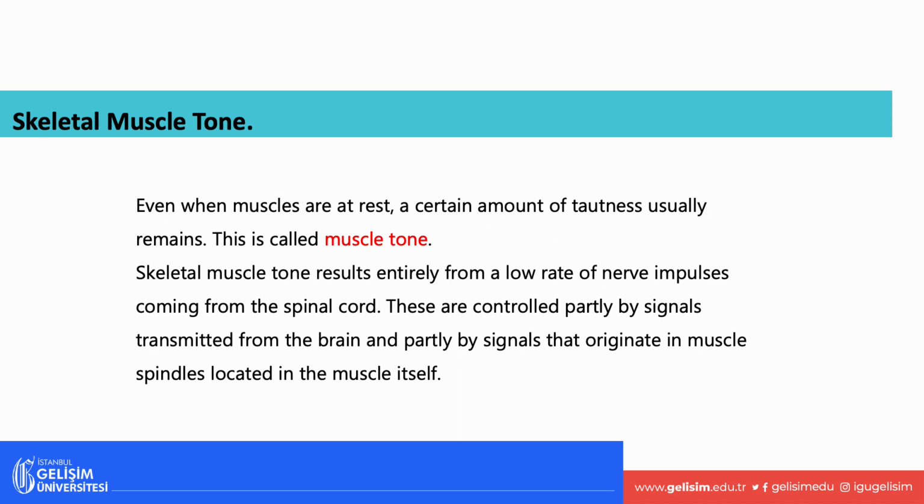Okay, so muscle weakness, spasticity, and rigidity are consequences of neurological or musculoskeletal disorders.